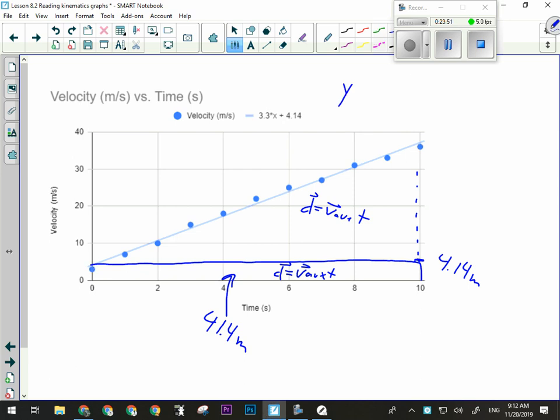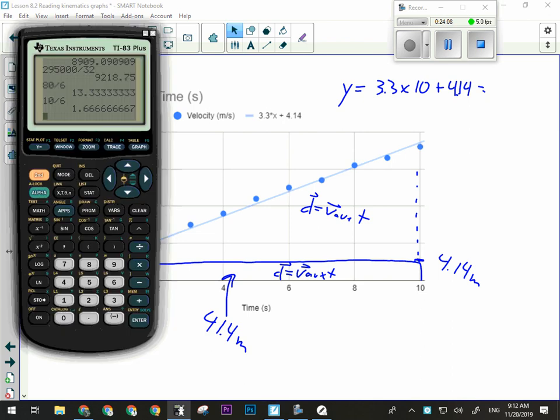Y is going to be 3.3 times 10 plus 4.14. Okay, so I'm getting 37.14.